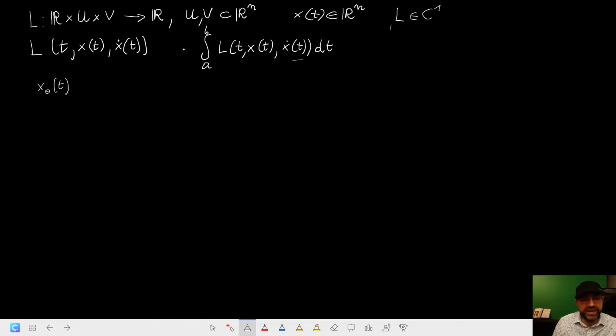I'm just pondering on the name for this. Let's say J. So J of x0, well, x0 is a trajectory, so it's dependent on time, is simply the integral of the Lagrangian from the trajectory and its derivative over time.